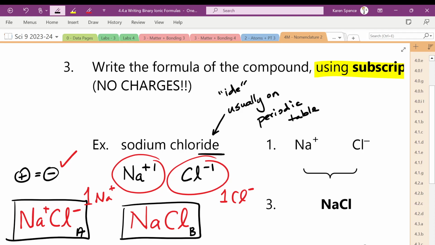If you're having trouble thinking of it, think about all the formulas you have seen in the last week. Did they have charges in them or not? Charges or no charges? No charges. So we do not want the charges. So just NaCl.